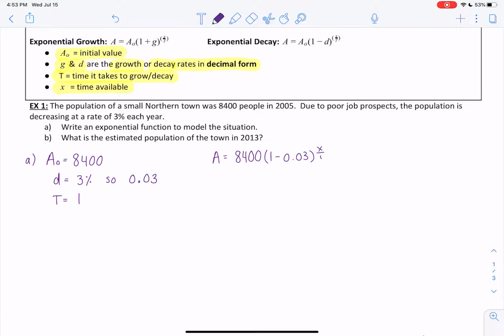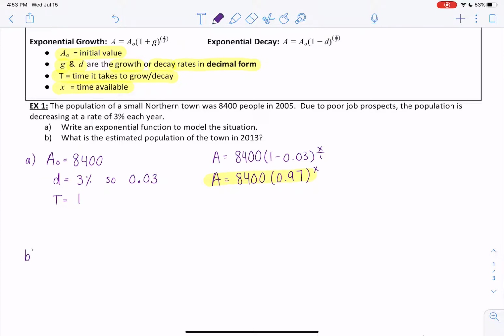Now we can simplify that a little bit. So we'll have A equals 8,400 times 0.97, all to the power of x. So that's my equation that models this situation.